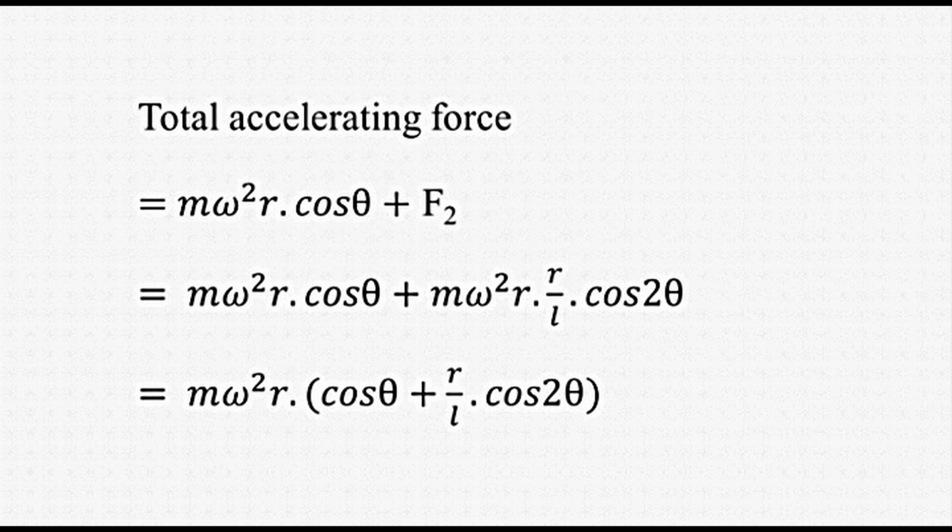Further simplifying, total force is equal to m omega square r into cos theta plus r upon L cos 2 theta. Generally, the value of r upon L is equal to 1 upon 4.